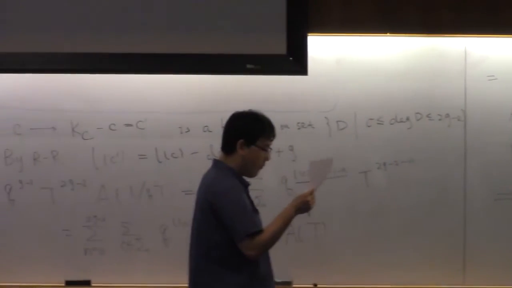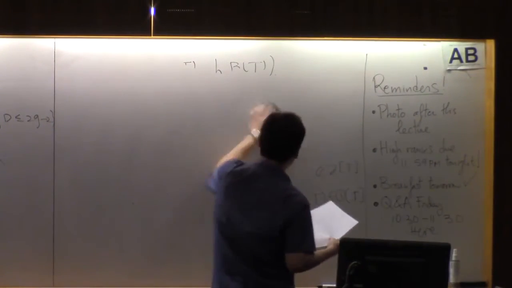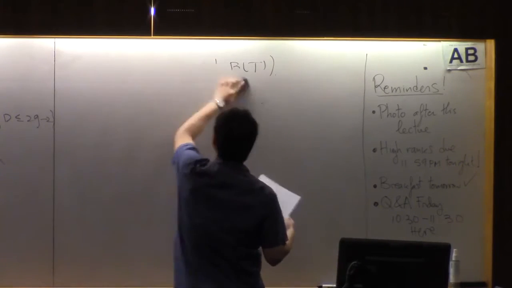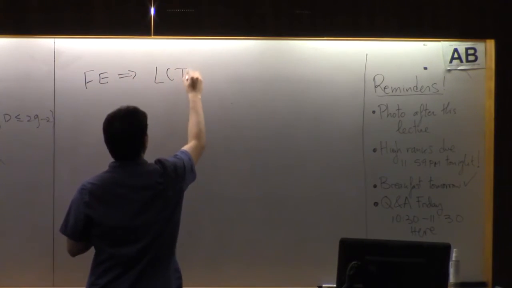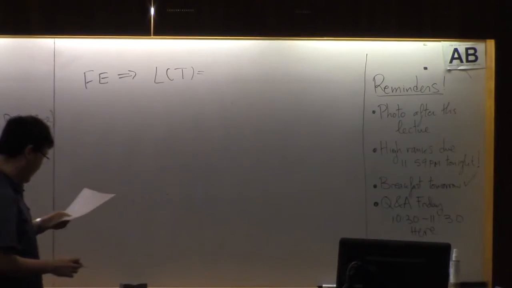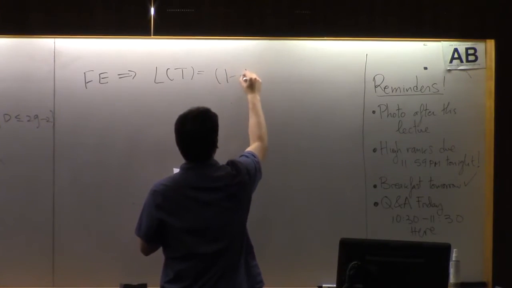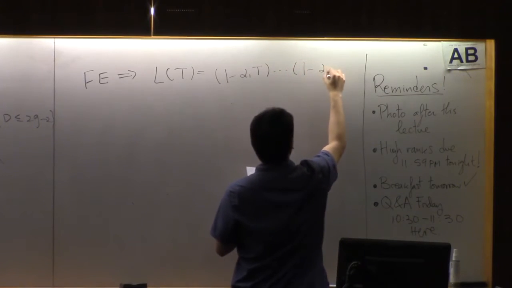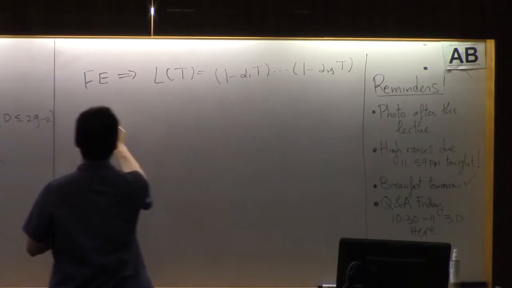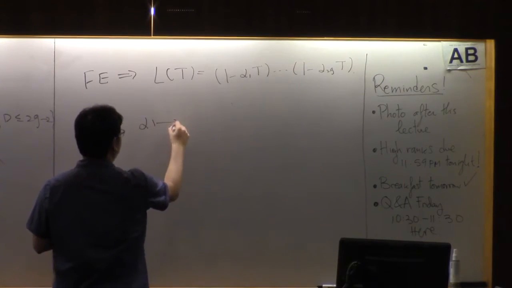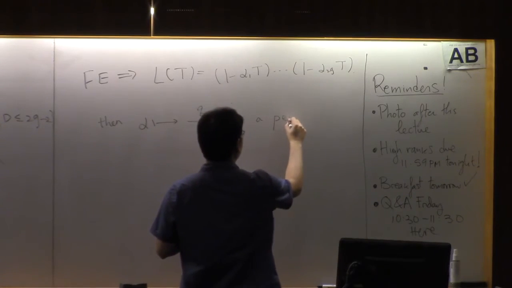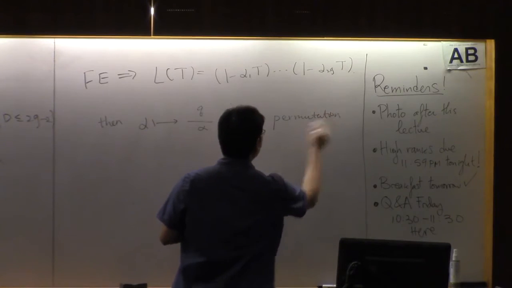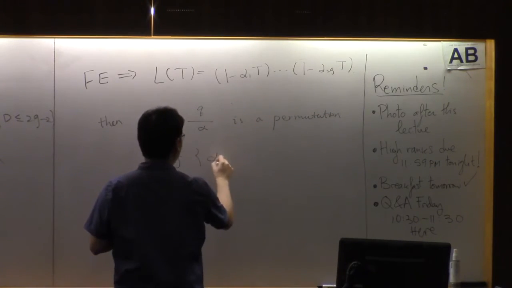And also, the functional equation implies that if you write the numerator L(T) in terms of the product of linear functions, then the map which maps alpha to q over alpha is a permutation of these 2g numbers.